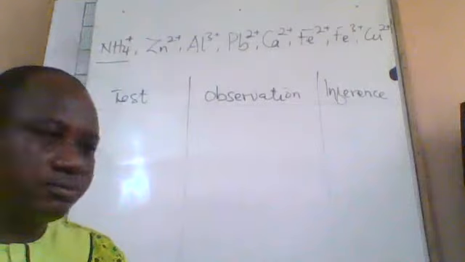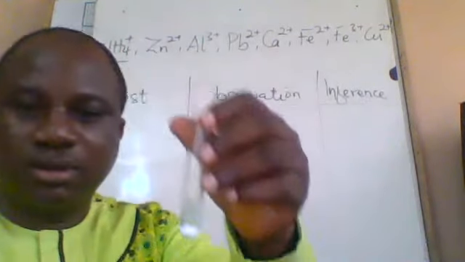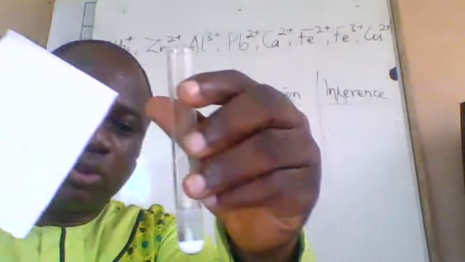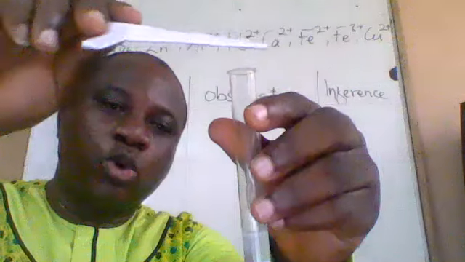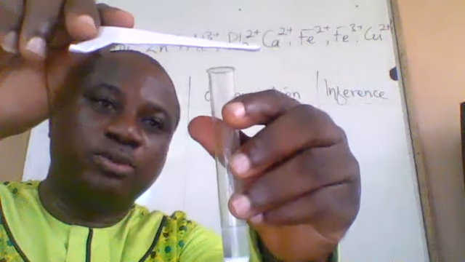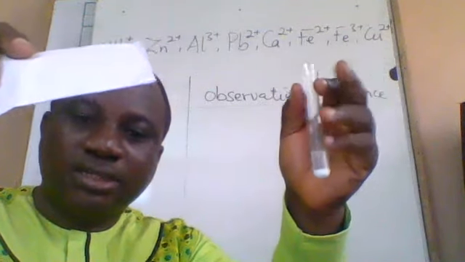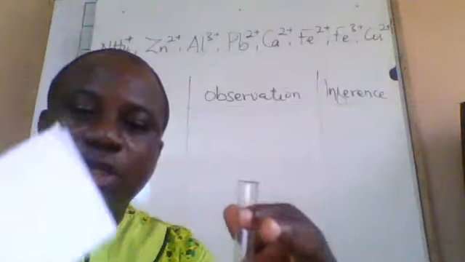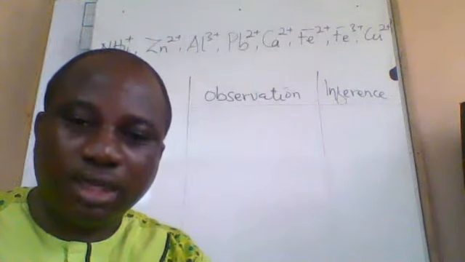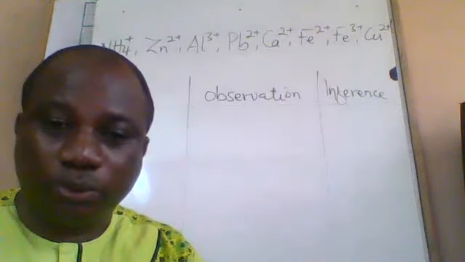And please, if you are testing for the gas, assuming this is your test tube and the gas is coming out and this is your test paper, you just hold the test paper close to the mouth of the test tube so that the gas will pass over it. So that if the gas is acidic gas, then it will turn blue litmus paper red. And if it is a basic gas, then it will turn red litmus paper blue.